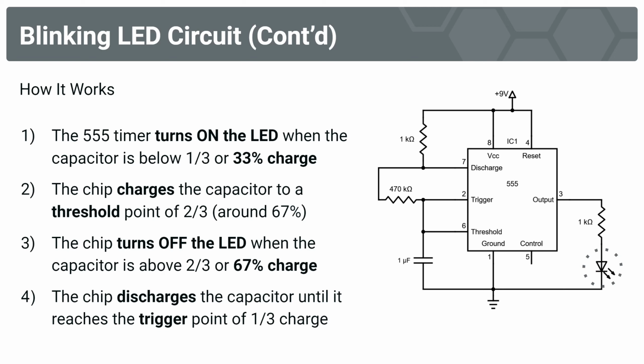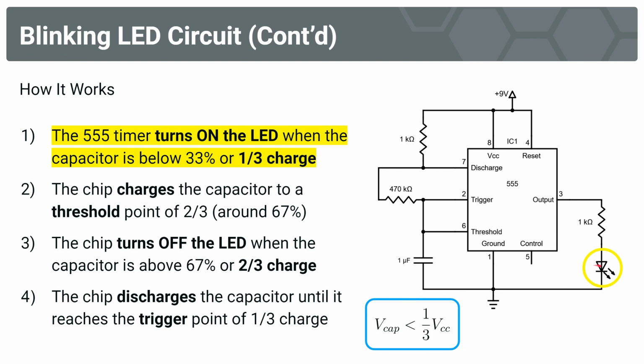And so when this capacitor, which is core to everything else that the 555 timer does, is below 33% charge, the LED is going to turn on. And so again, when the capacitor is below 33%, or 1/3 of its full charge, the 555 timer will turn on this LED.